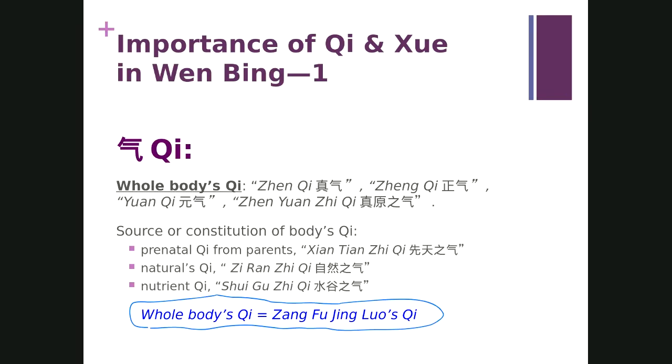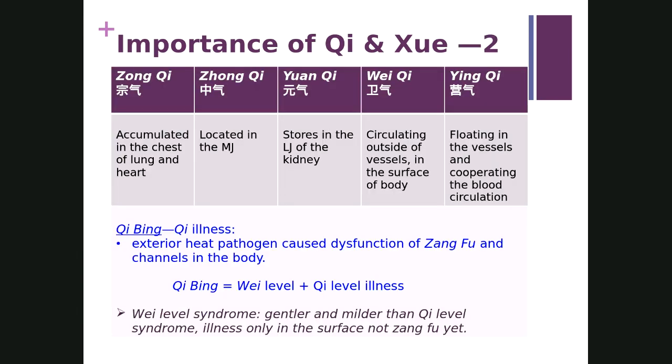It is the functionality of organs, the components of blood streams, and the specific protection of the body. Using very broad concepts, to keep it simple, here's a basic comparison between zhong qi, yuan qi, wei qi, and ying qi. You learned this in class.